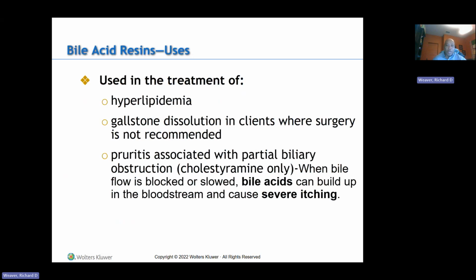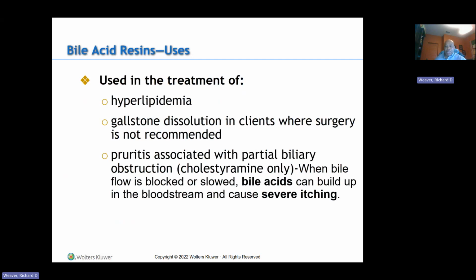Also, patients who have pruritus associated with partial biliary obstruction should take this drug called cholestyramine only. This is one of the cholesterol lowering drugs. But in order to receive this drug, it has to be a partial biliary obstruction.